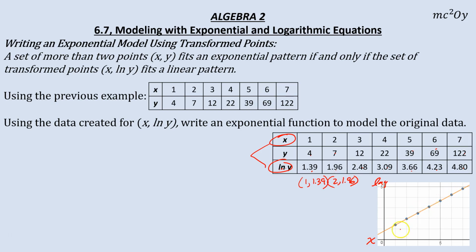And notice that it's linear, or pretty much linear, okay? And so what I'm going to do with that is actually write the equation of that. I'm going to use this data to write an equation of the line there, okay?